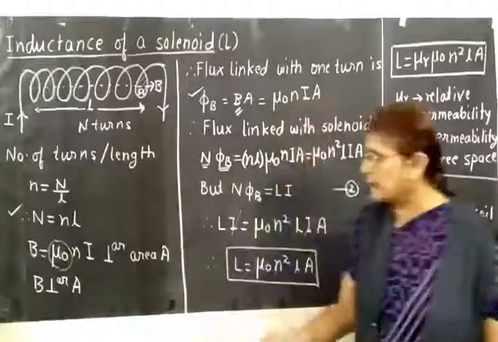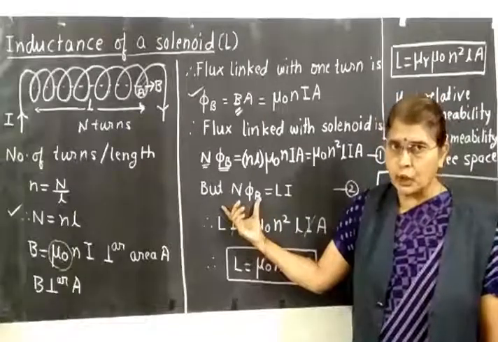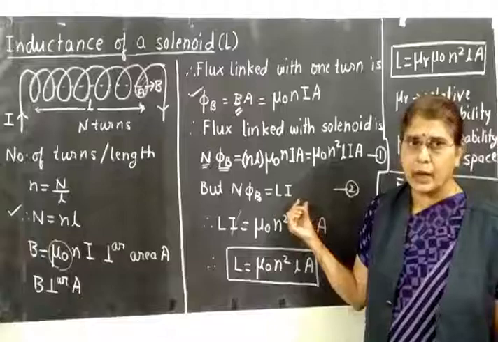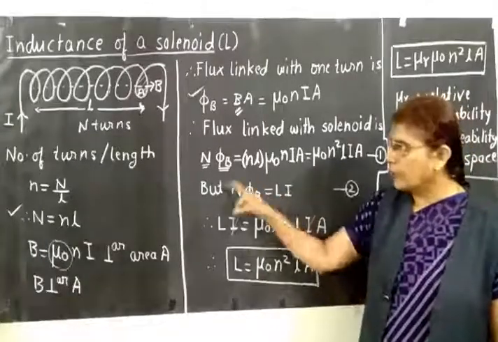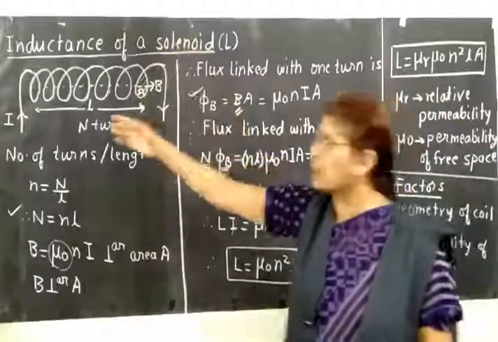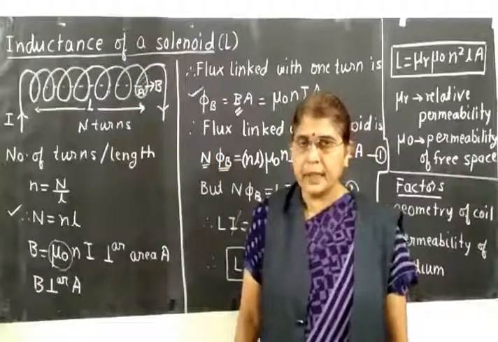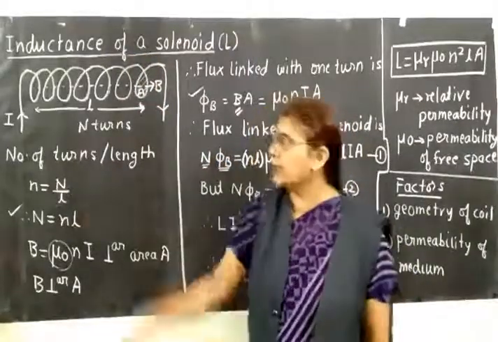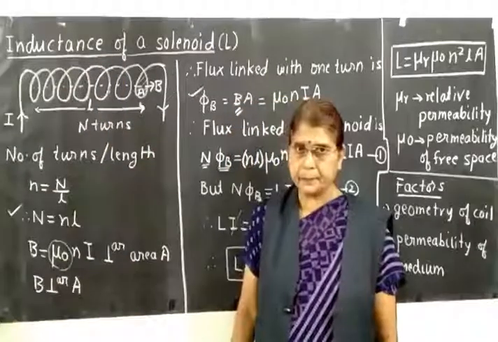So just now we had seen the flux linked with a coil or a solenoid is equal to L into I, where L is self-inductance of the coil. So we shall be using this equation now. So what is a solenoid? It is just a coil of a number of turns of conducting wire. Inside the solenoid, let us say there is an air medium. So it is an air core solenoid.